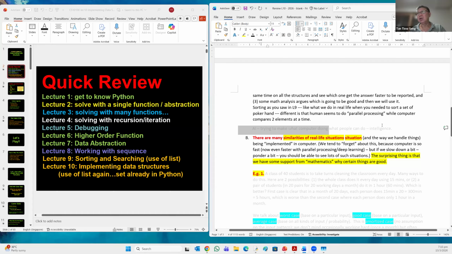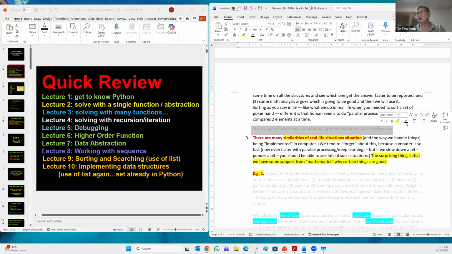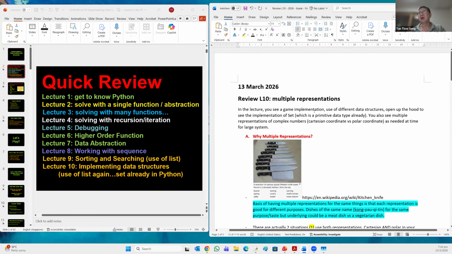Okay, and you can also relate to it that nowadays AI is trying to do what humans are doing, and the computer is trying to mimic that. In actual fact, this is also what I started off this discussion with, that there are multiple representations.